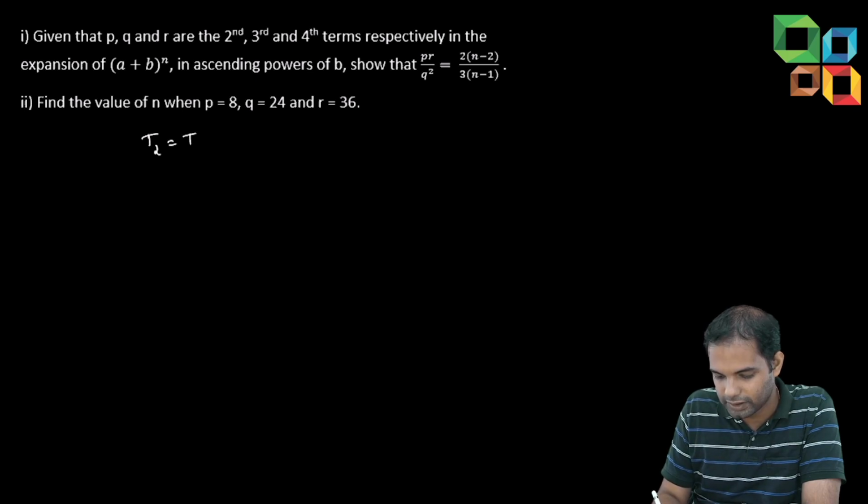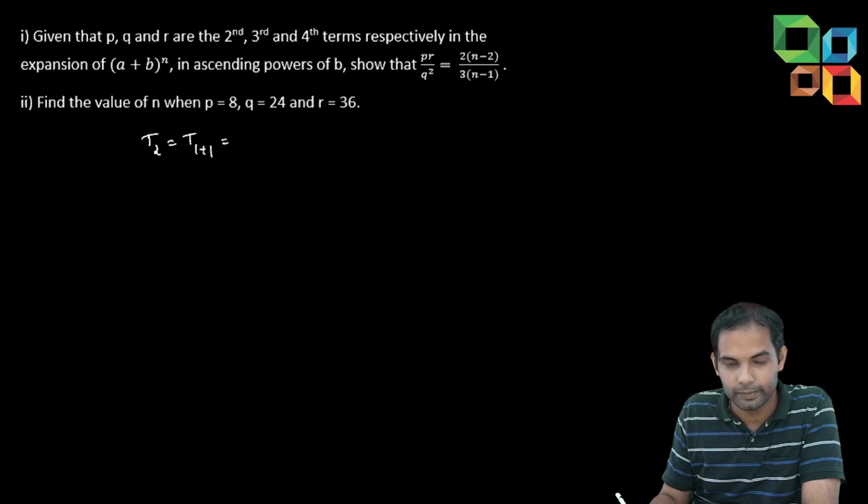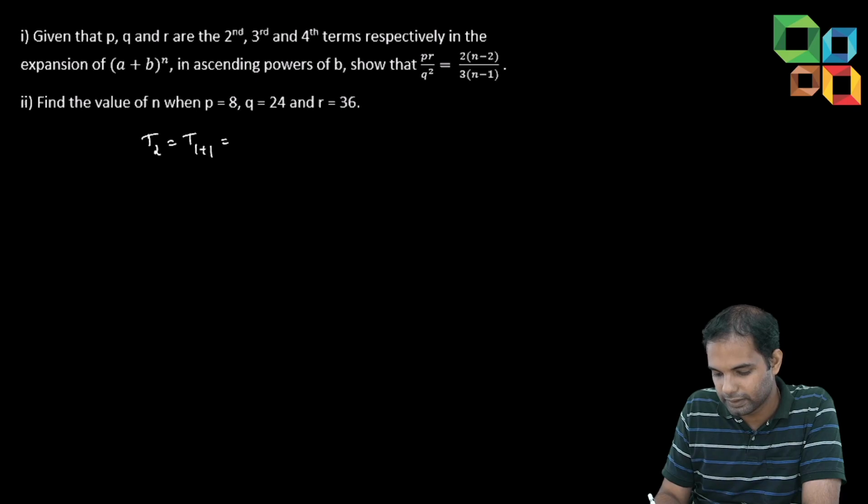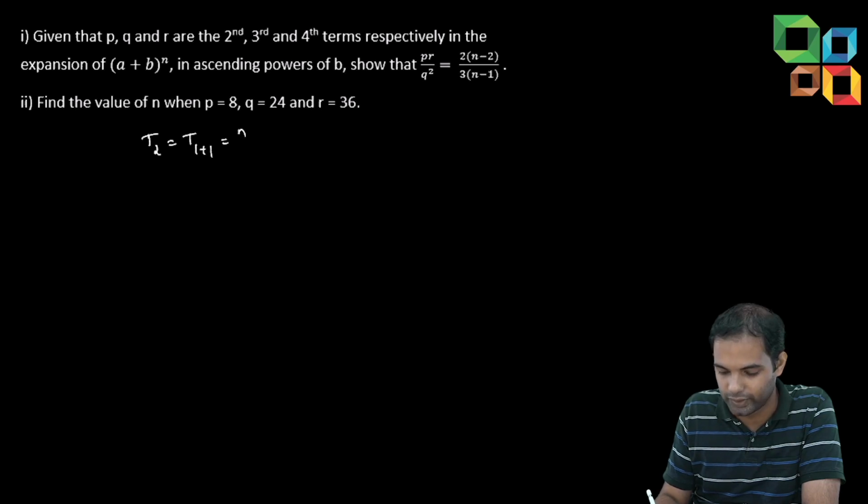So T2 is nothing but the second term. T2 is T of 1 plus 1. Fine, so it is NC1. Let me write down what n is. It's n itself, no value is given. The second subpart n is given, we can't use it now.